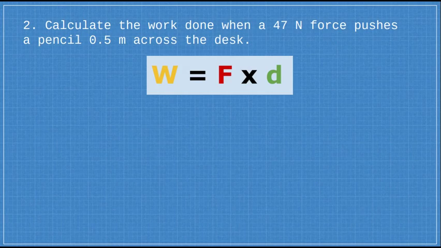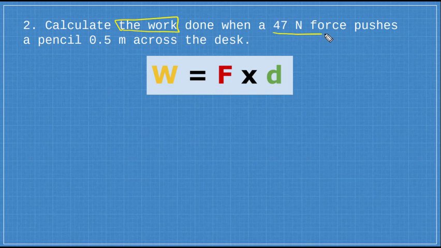My next problem says calculate the work done when a 47 newton force pushes a pencil 0.5 meters across the desk. So looking at this problem, I'm trying to calculate the work. So I'm going to use my work equation.